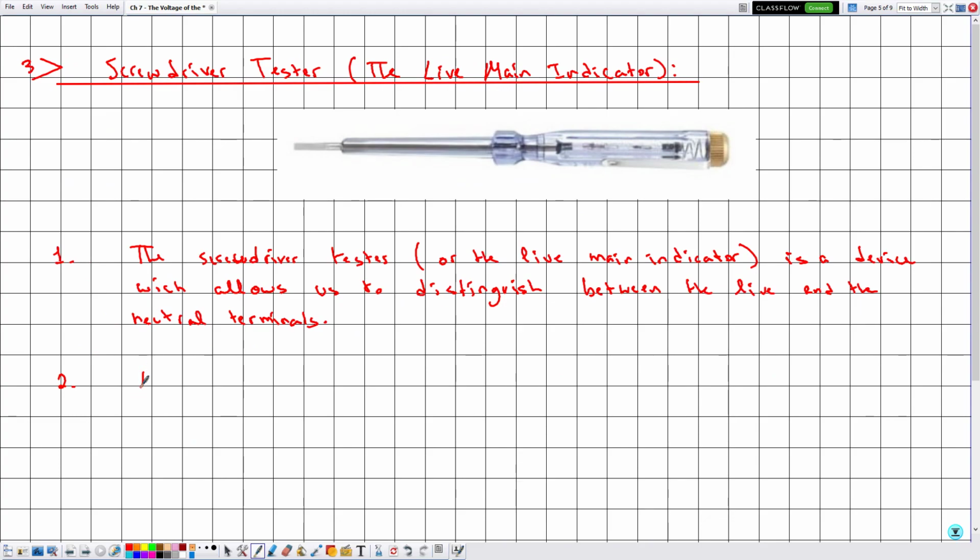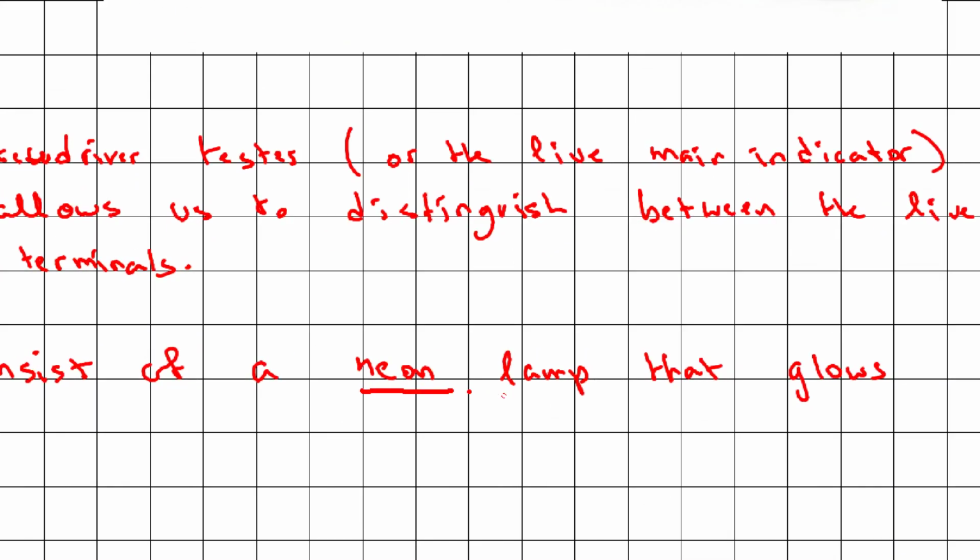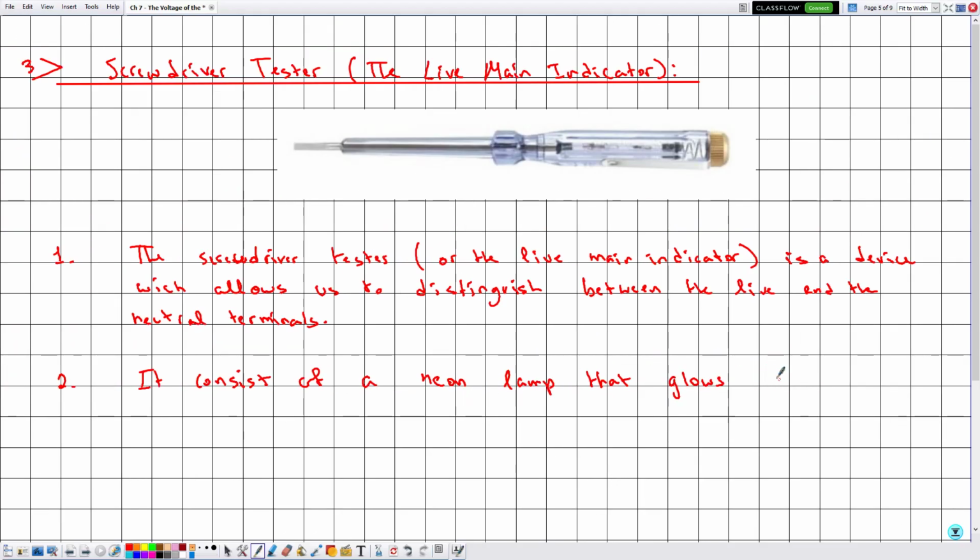It consists of a neon lamp that glows, and here the neon is a special type of lamp that glows when subjected to a voltage greater than 80 volts.